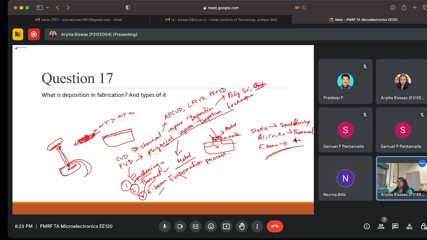If you want to deposit gold, the gold is present on the boat, so high current flows through it and it heats up, then the gold starts to evaporate and is deposited. Here is a sample, the wafer, so on the wafer the gold is deposited. Okay, yes, you are right. And sputtering?